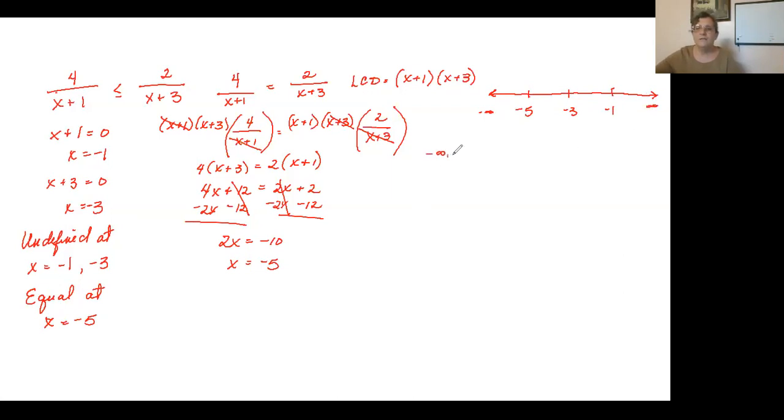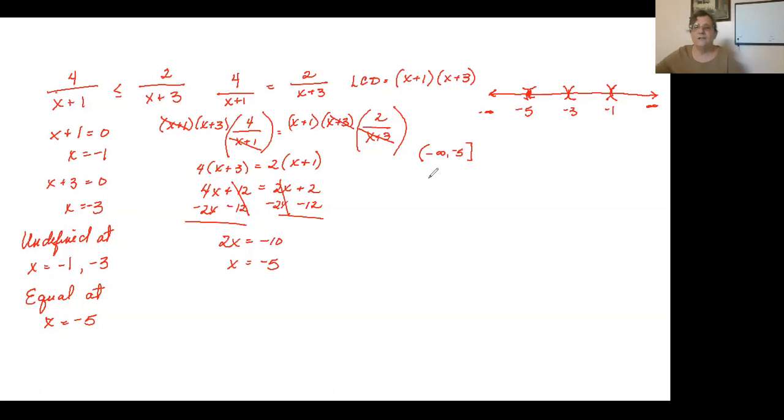So I've got from negative infinity to negative 5. This has the equals, so I can include the negative 5. I can make that a bracket, but I cannot include the negative 3 because it makes it undefined. Same for the negative 1. I cannot include that no matter what.